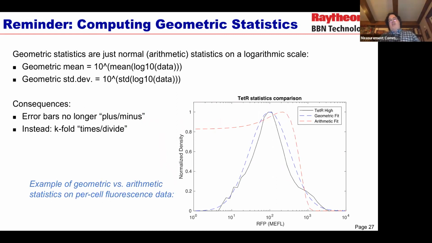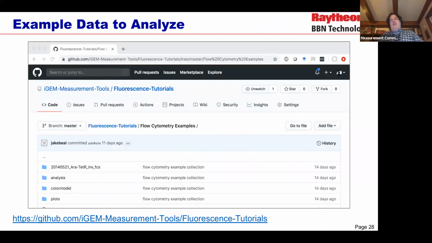And on the bottom right here is an example showing how geometric statistics fits very well with this flow cytometry data from a TetR device, and an arithmetic fits very, very badly.